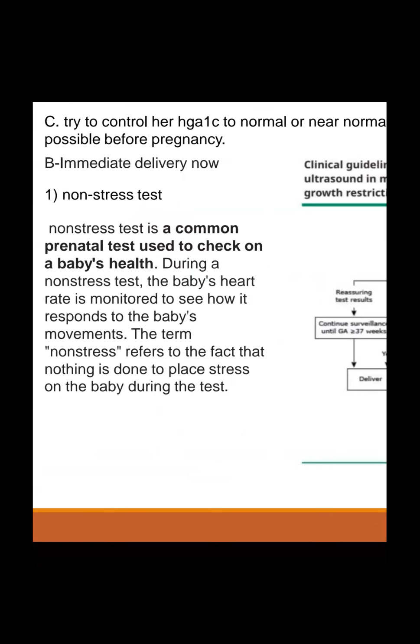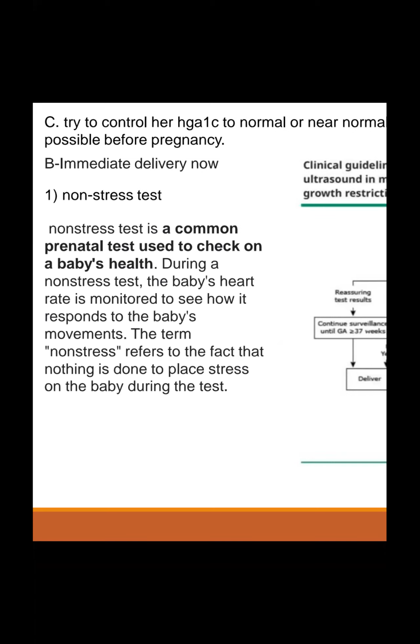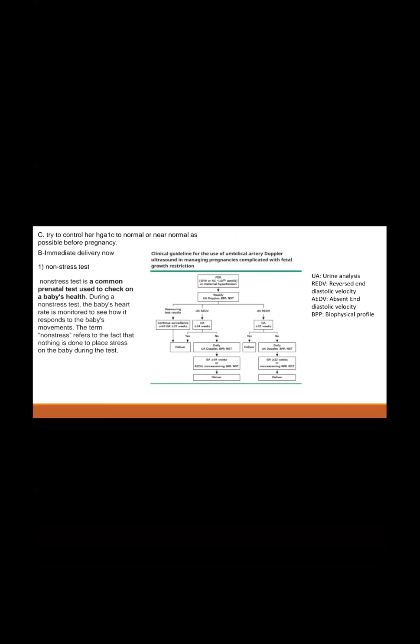We do the non-stress test to check the baby's health, baby's heart rate monitoring and movement, to reassure and confirm. But after 32 weeks, if the baby is delivered, the chance of problems is low.